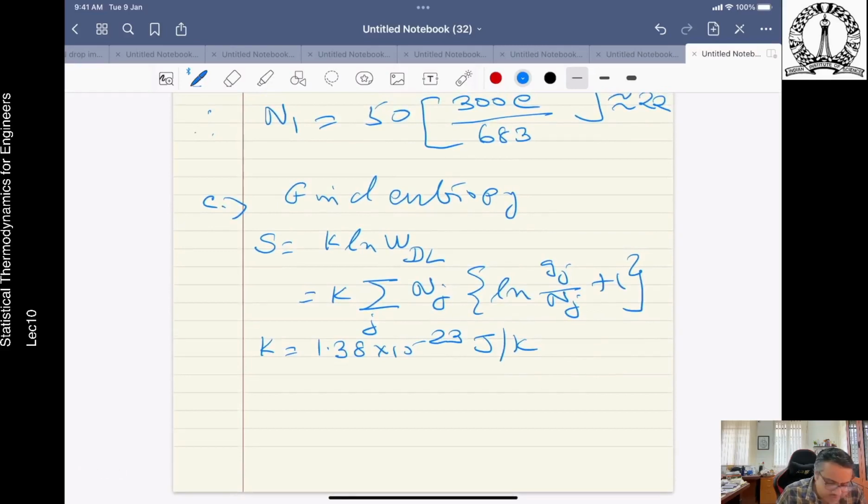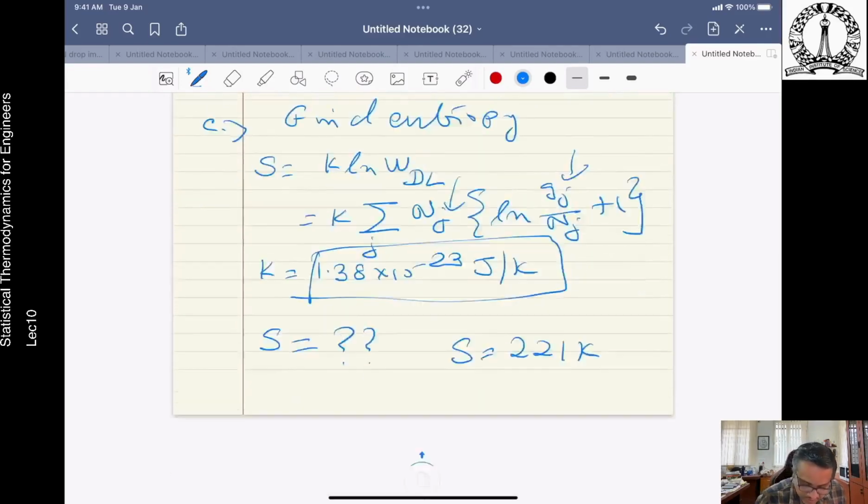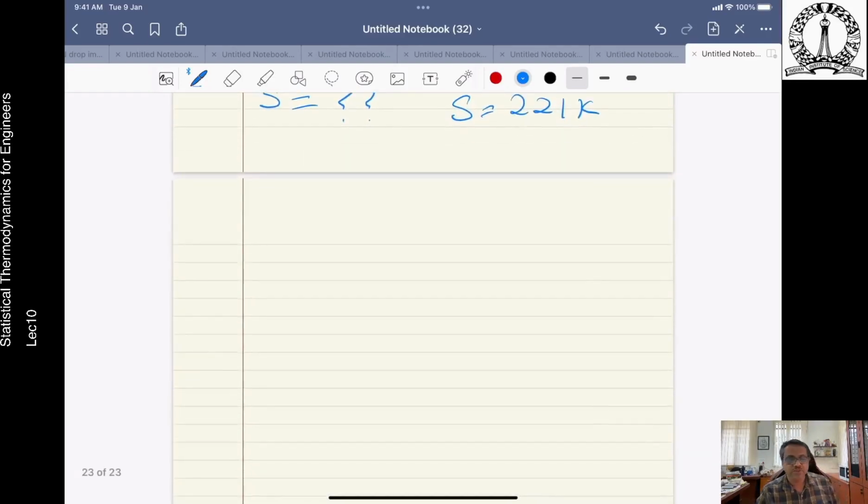Since the different Njs are known from the previous calculation and the Gjs are known, this is a fairly straightforward calculation which will give you the total value of entropy. If you do it properly, S is equal to 221 k, where k has this value. So this is one example by which you can work out a problem, given the tools that you have learned.